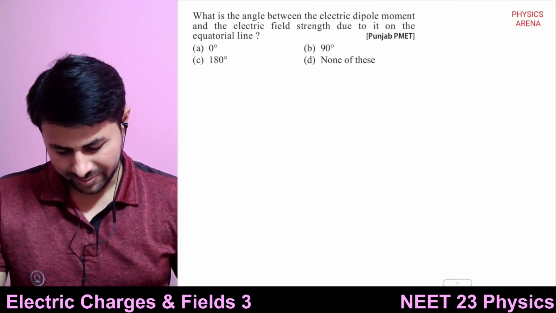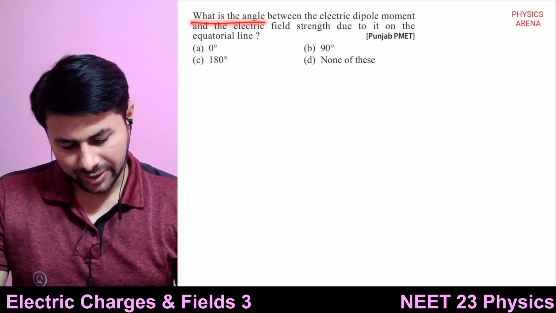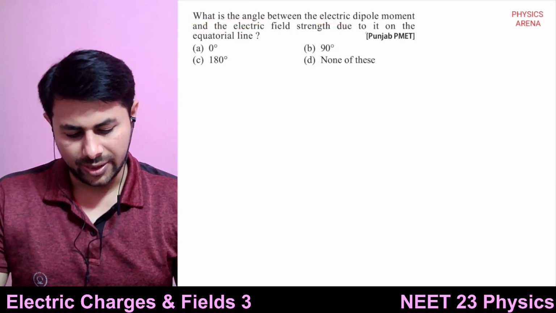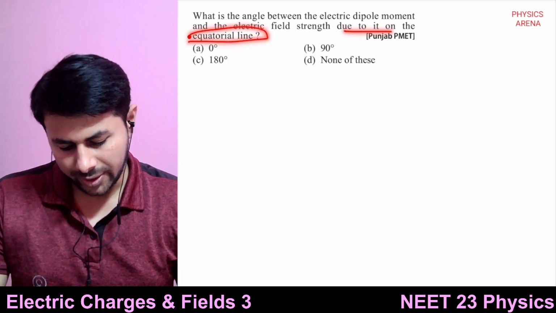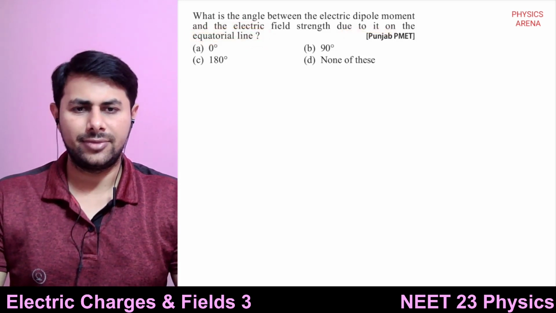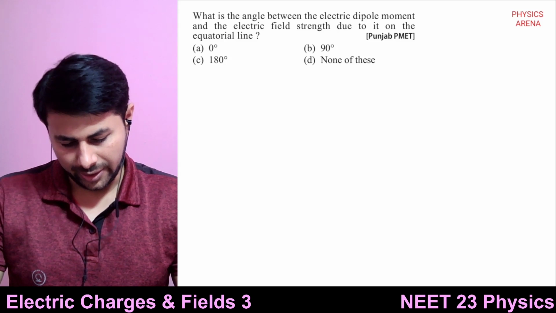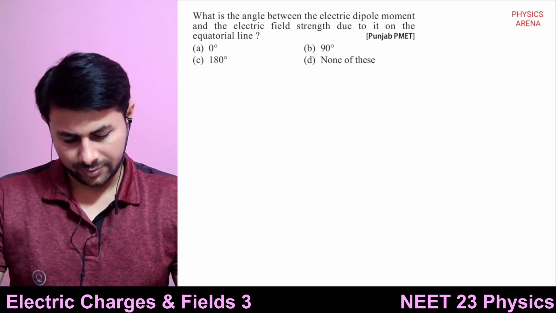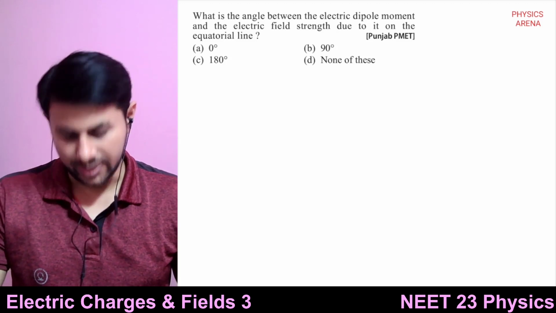Next question. What is the angle between the electric dipole moment and the electric field strength due to it on the equatorial line? Tell me. Option A, 0 degrees. It is 180 degrees.